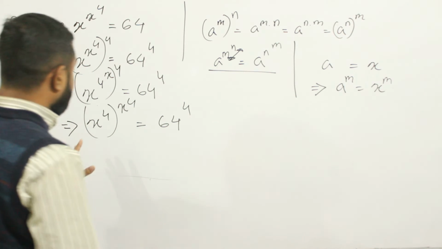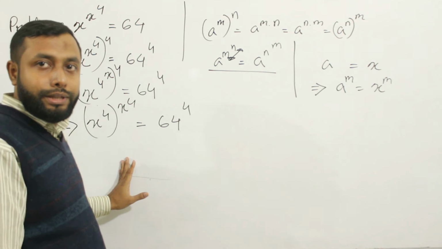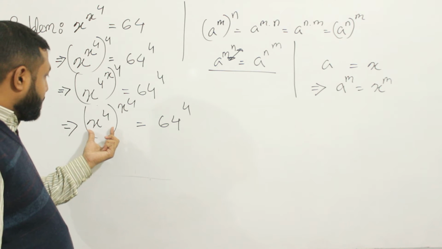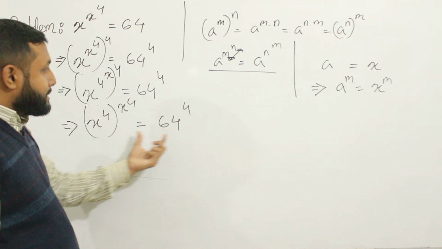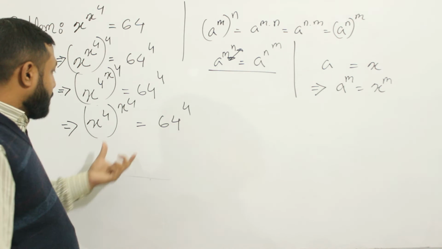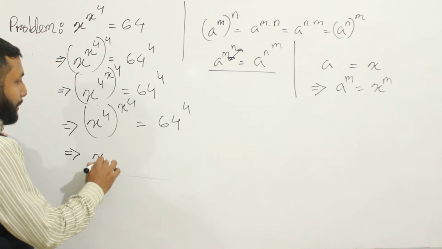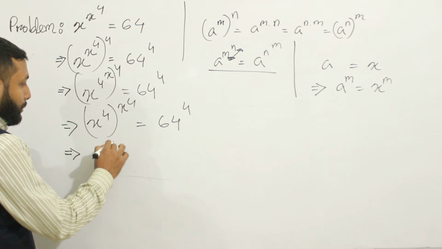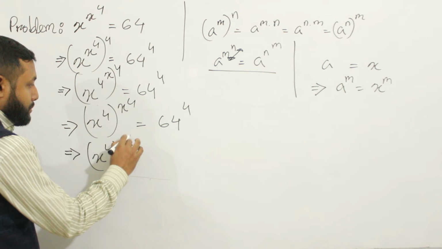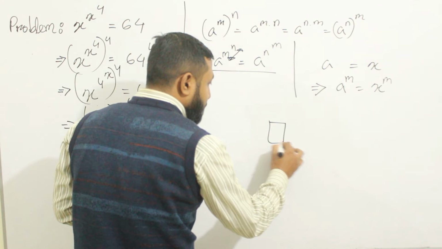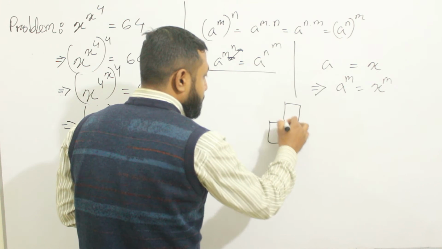So now what can we do for this equation? We may solve this by making both sides similar. So how can we solve it? Now we can rewrite x to the power 4 to the power x to the power 4. That means we are putting something to the power of something.